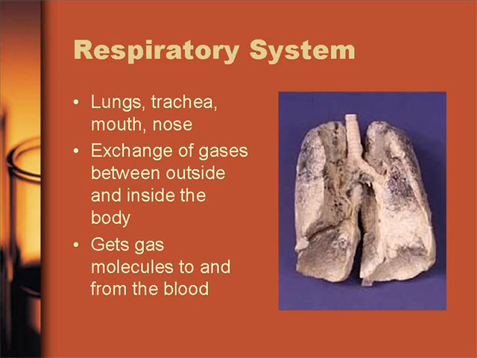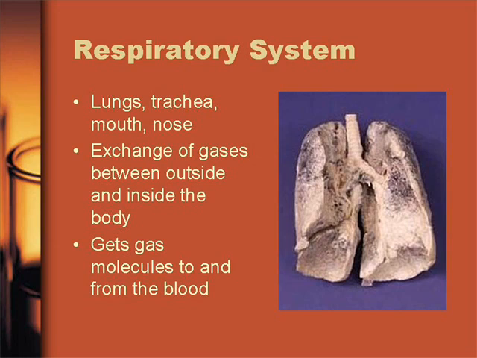The respiratory system consists of the lungs, trachea, mouth, nose, among other structures. And it is responsible for the exchange of gases between the outside and the inside of the body. Of course, you want to get oxygen into your body and carbon dioxide, a gaseous waste, out of your body.